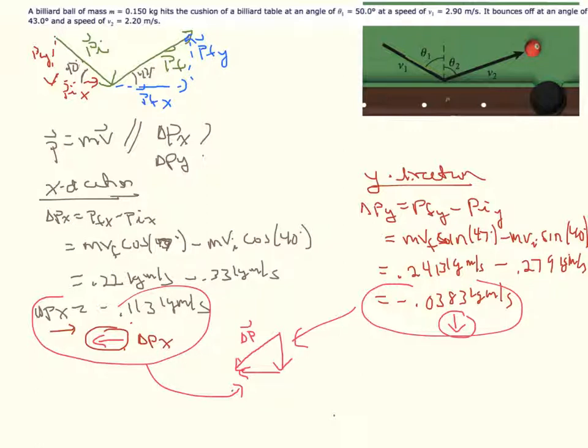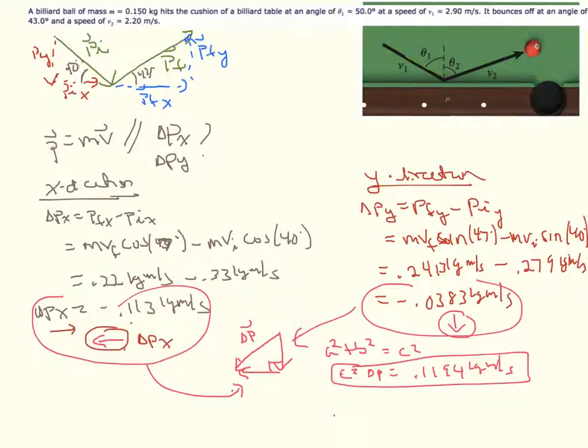So I'm just going to use a squared plus b squared equals c squared. And I can do that because I've set this up to be x and y, which I know are perpendicular to each other. So taking those numbers, what I find is that my value for c here, or my change in momentum value, is 0.1194 kilogram meter per second.